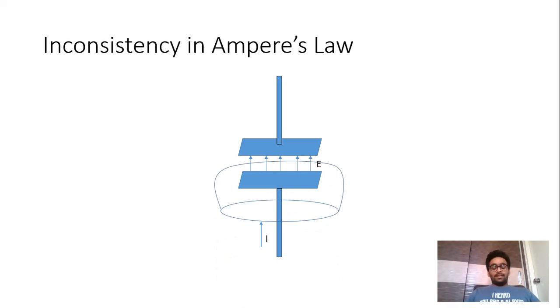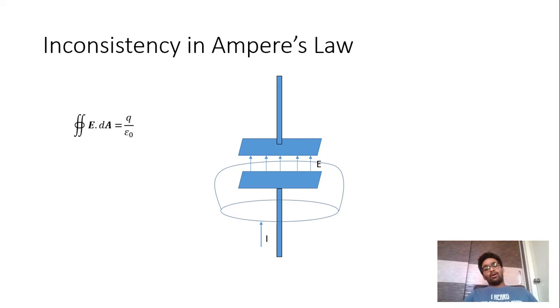Here, the capacitor plate itself is charged because of the current flowing into it. But at this boundary, the conducting current is zero because there is no conductor between these two plates. Still, the plate was charged, and according to Gauss law, there should be some electric flux coming out of it.